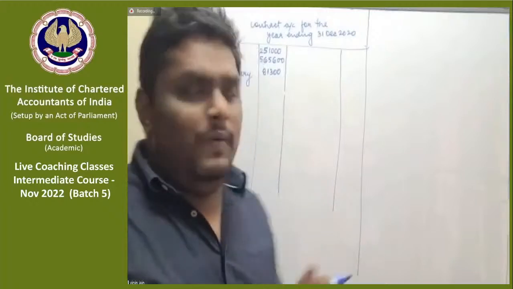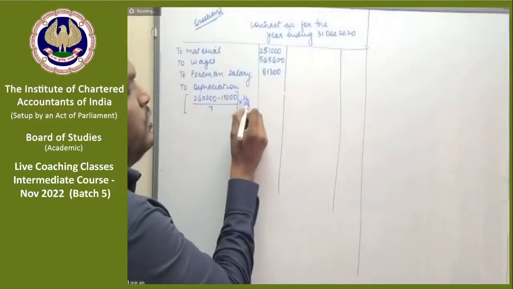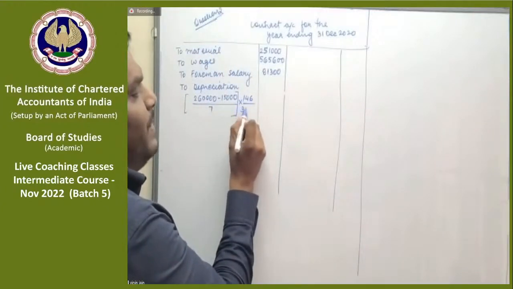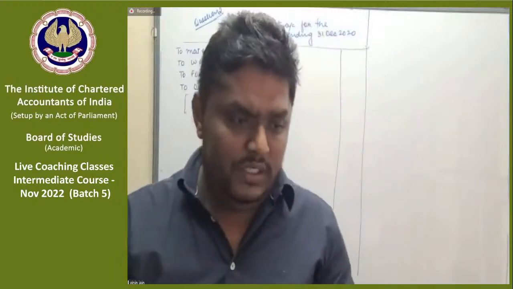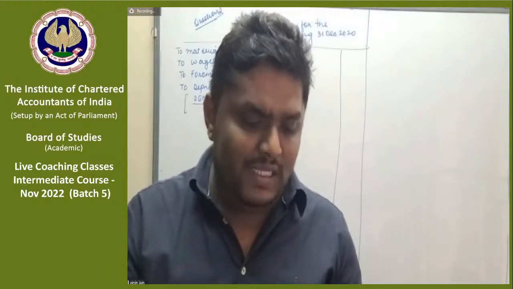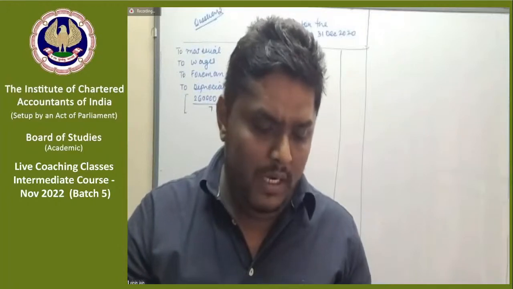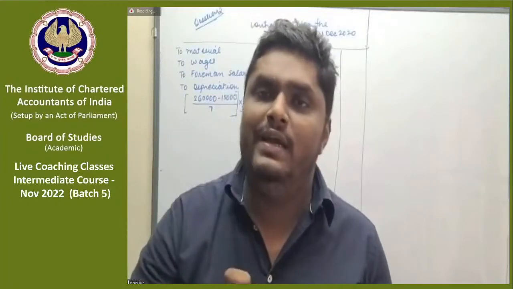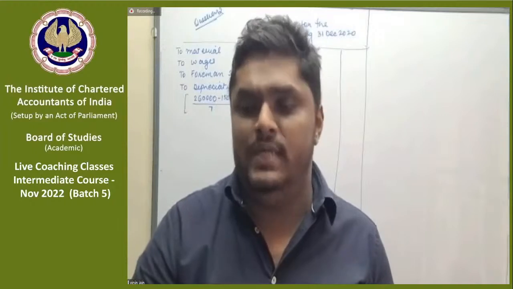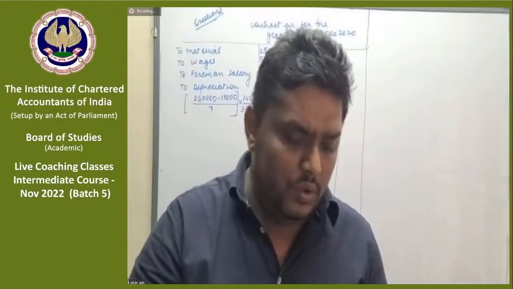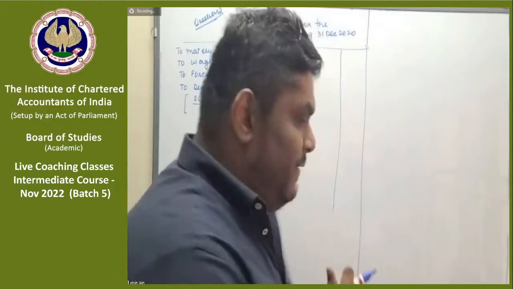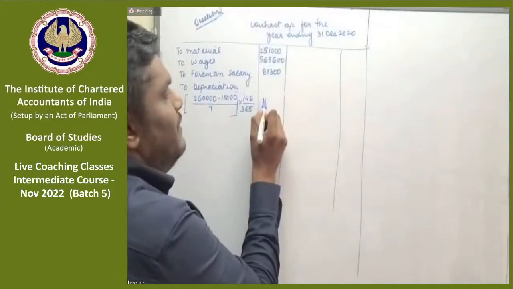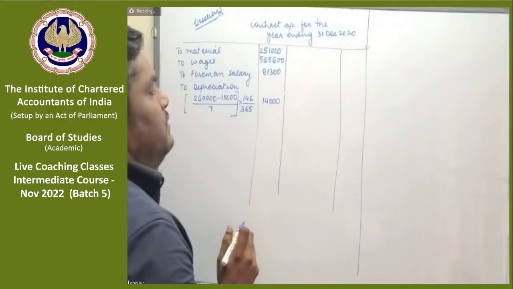Total it was used for 146 days, so into 146 days divided by 365 days in a year. So 2,60,000 is the original cost minus 15,000 is the scrap value divided by 7 years. So every year the depreciation charged is 35,000, and this plant was used only for 146 days, so into 146 days divided by 365. So the final depreciation amount is 14,000.